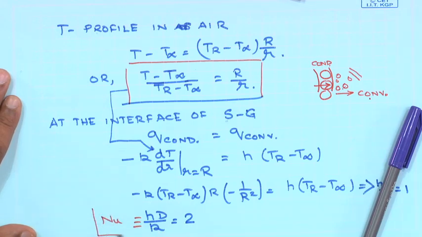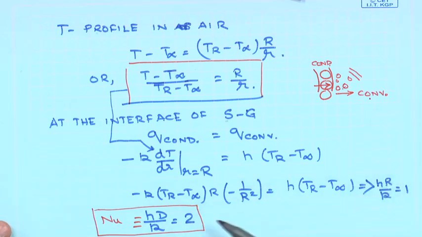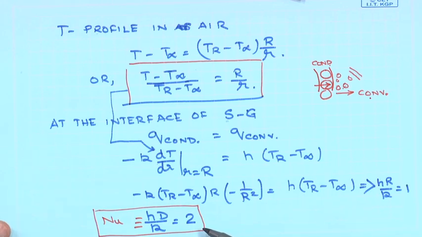So, this is a very important relation which tells you the limiting value of Nusselt number when there is no flow of air surrounding the hot sphere. So, you get a numerical value of Nusselt number in the limiting case when there is no convection.